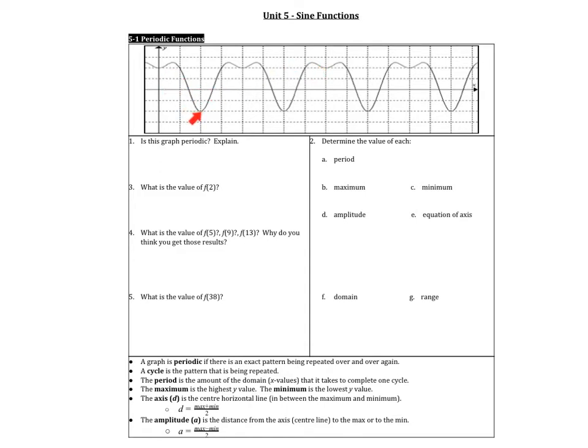Or you could almost say the pattern starts here and you'd almost have like this tooth looking. Doesn't matter where it starts. The whole idea is that a graph is periodic if there is an exact pattern repeating.